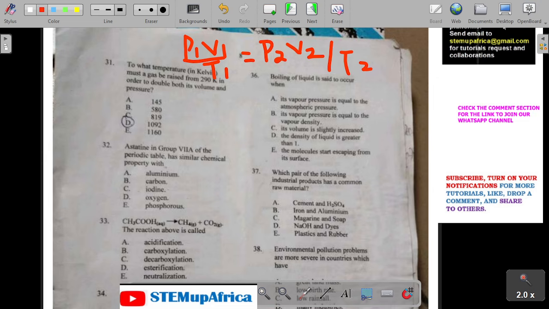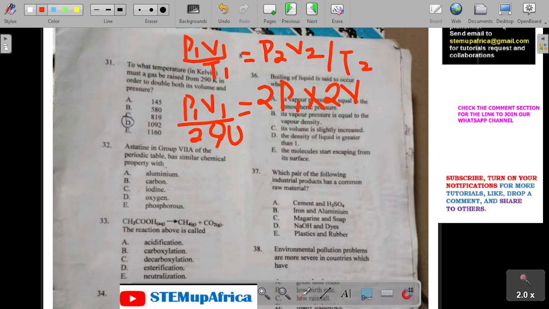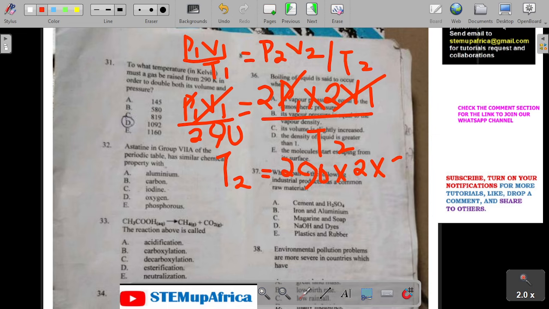So I'm having P1V1 over 290 equals, pressure is doubled, 2P1, then volume is also doubled, 2V1 over T2. So V1 will cancel V1. So my T2 is simply 290 times 2 times 2.